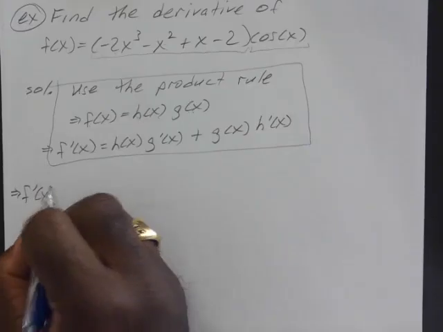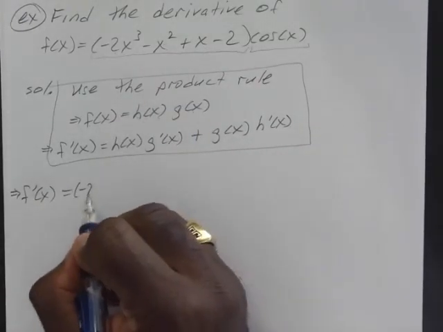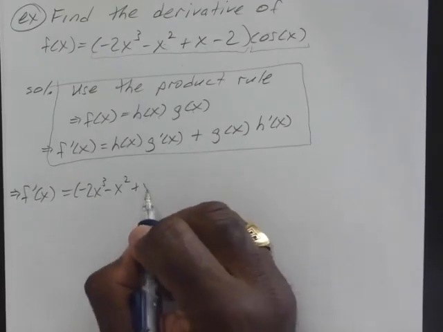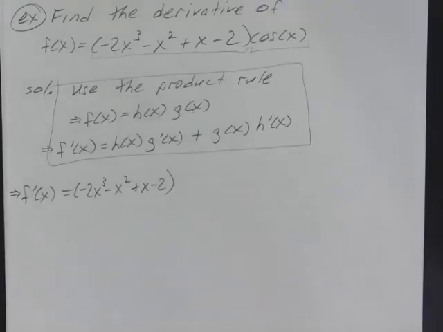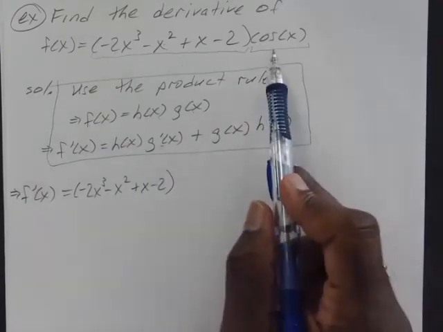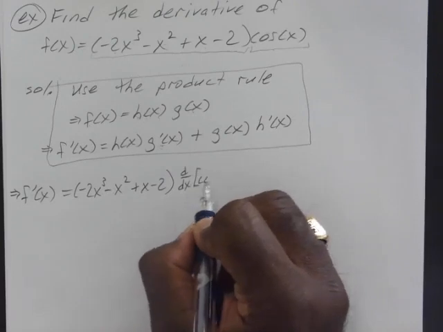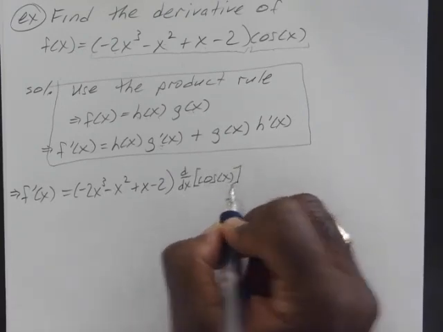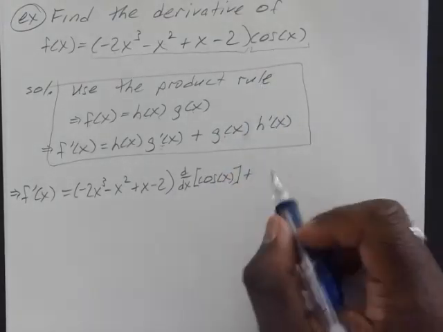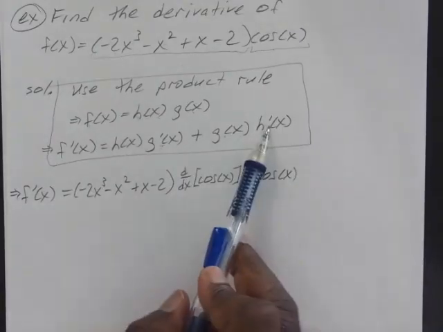Your derivative f prime of x is going to equal the first function, so negative 2x to the third power minus x squared plus x minus 2, times the derivative of the second function. So times the derivative of cosine of x, plus the second function, which is cosine of x, times the derivative of the first function.